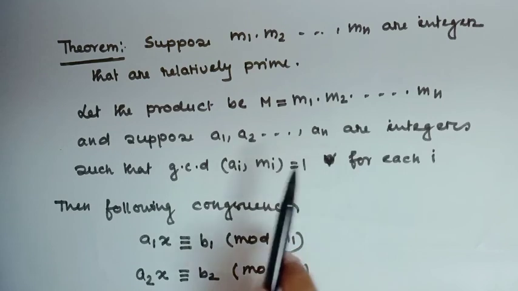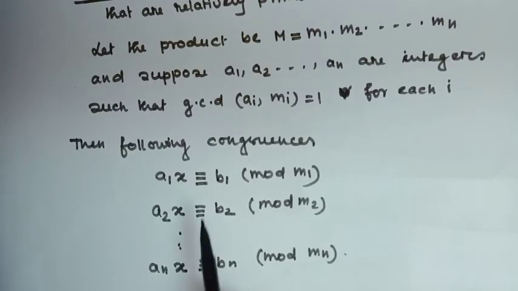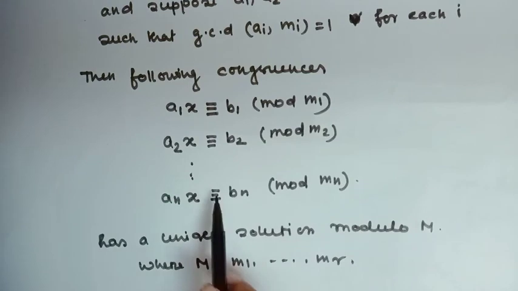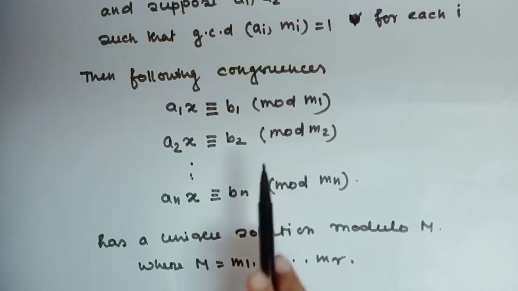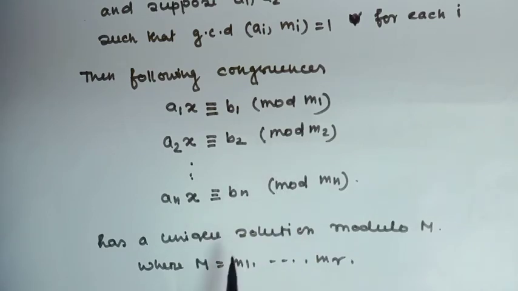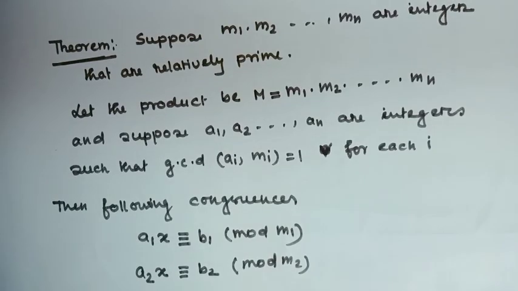That means all pairs ai, mi are relatively prime. Then the following congruences: a1x congruent to b1 modulo m1, a2x congruent to b2 modulo m2, similarly anx congruent to bn modulo mn, have a unique solution modulo m, where m equals m1 m2 up to mn.